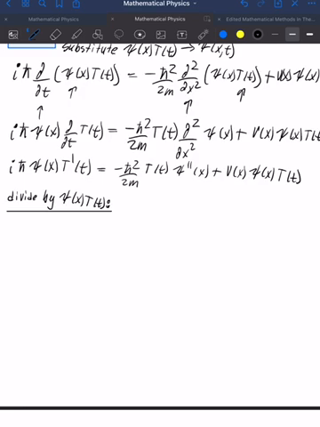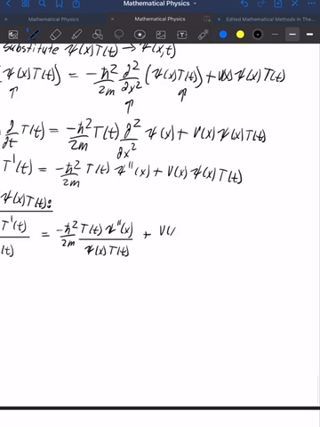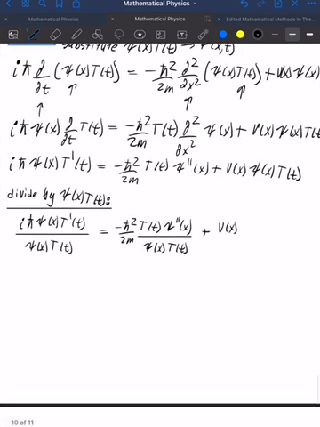So if we do this division, i h bar psi of x T prime of t divided by psi of x T of t, and that's equal to minus h bar squared over 2m T of t psi double prime of x divided by psi of x T of t plus V of x psi of x T of t divided by psi of x T of t.